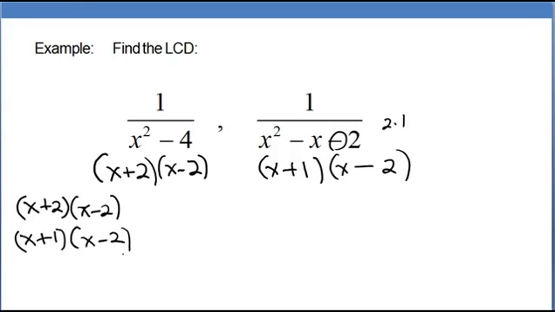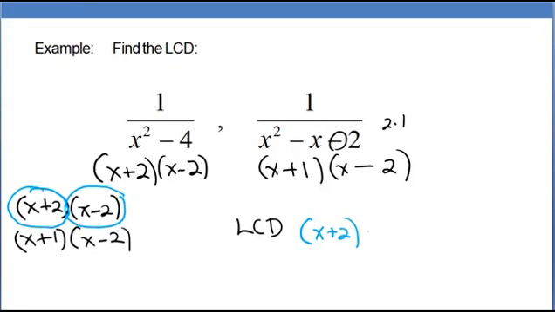So listing our factors, and then our LCD, we will take each type of factor from the one where it occurs the most times. So first of all, for our x plus 2, it's only occurring in the first one, and it occurs one time. So we will need an x plus 2. x minus 2 occurs in each one, but in any one fraction it only occurs once.